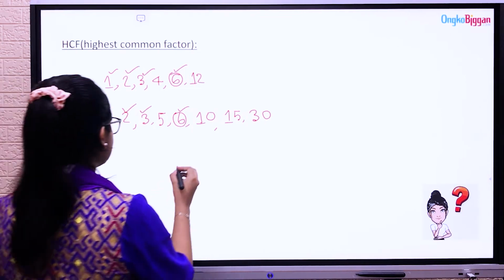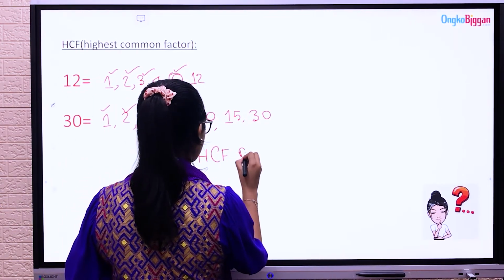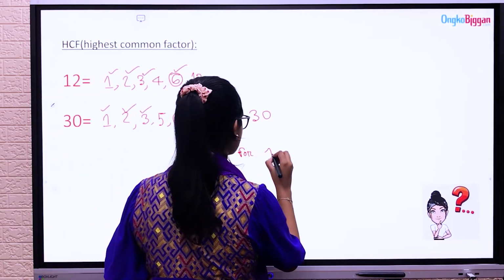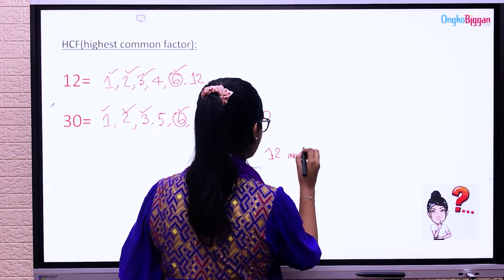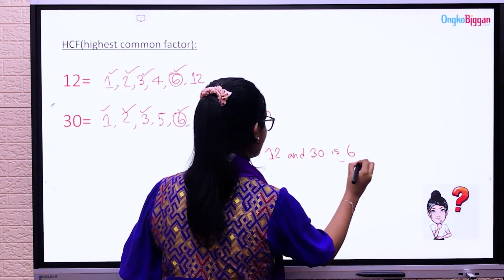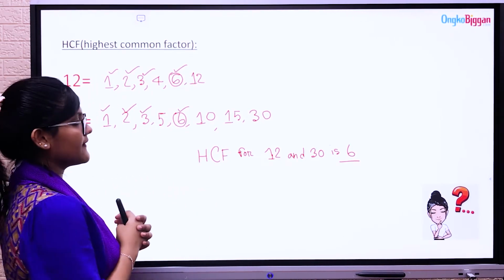So we can state the HCF of 12 and 30 is 6. In this process we can actually determine HCF.